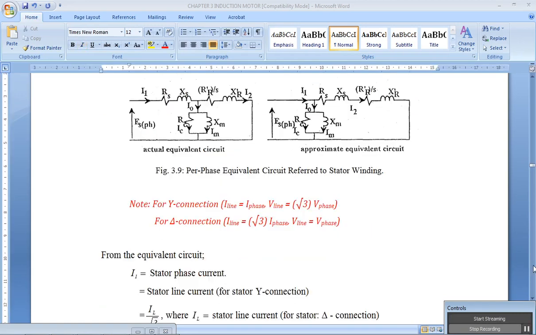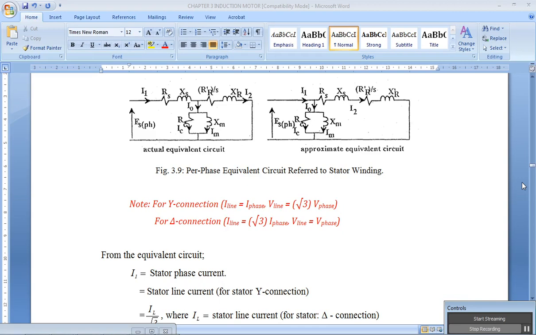Now we move to the analysis of the equations. Bear in mind that all the analyses are based on the per-phase approximate equivalent circuit. So you also have to know the properties of Y and delta connections. For Y connection, basically I line is equal to I phase and V line is equal to root 3 V phase.